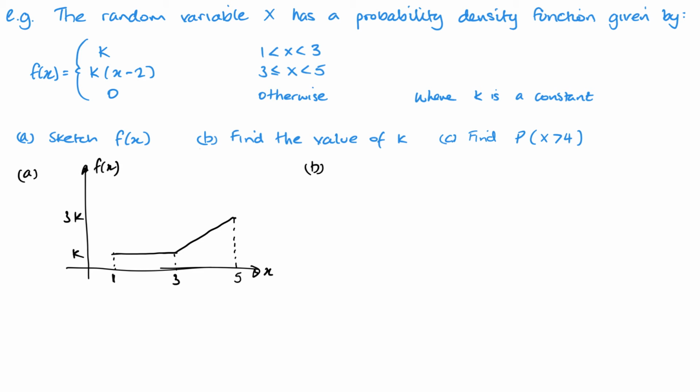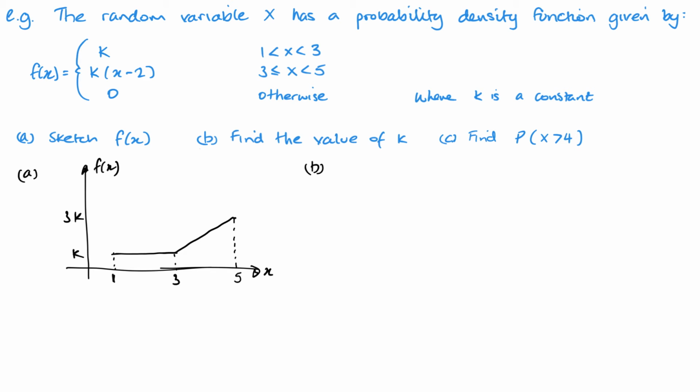Now in this case, this is actually quite a straightforward area to work out, but if this was more complicated, I'd be integrating between 1 and 3 for my first function and 3 and 5 for the second function. Obviously, like I said, it's far more complicated. It's far easier to find just the area.